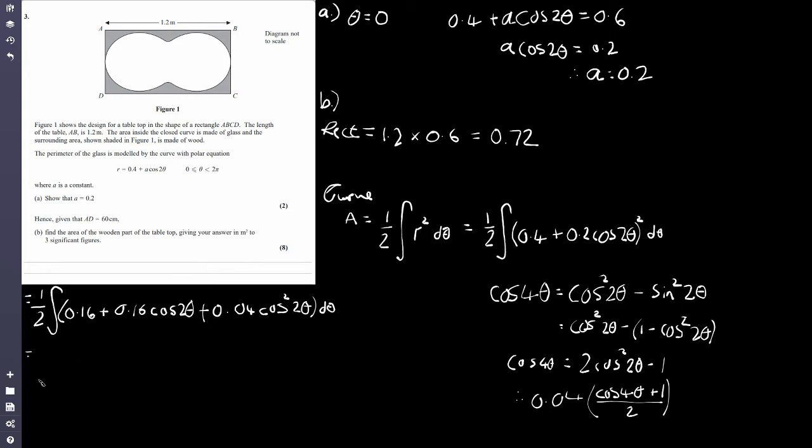So when we start integrating this, what I'm going to get is a half times, in my bracket, 0.18 theta, because this was 0.16 plus 0.02, and then we can integrate, so we get 0.18 theta plus 0.04 sine 2 theta plus 0.0025 sine 4 theta.